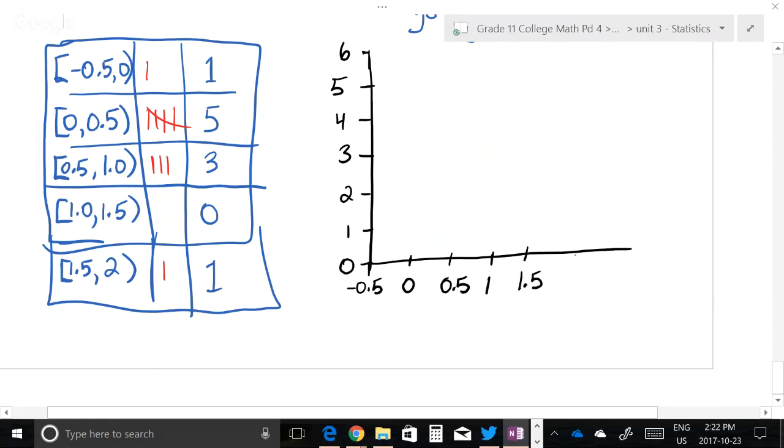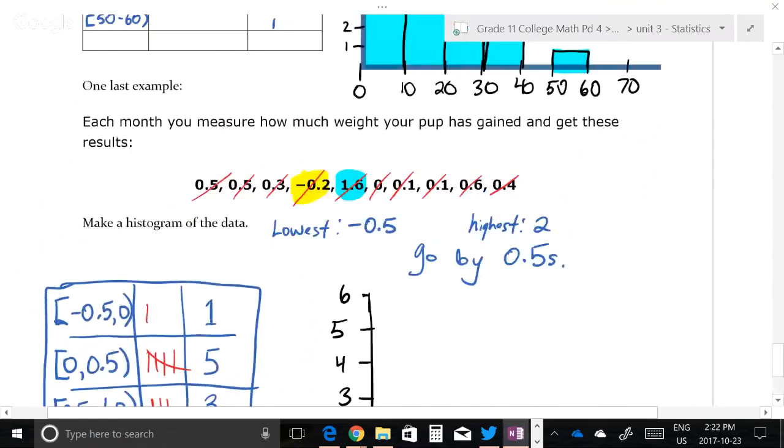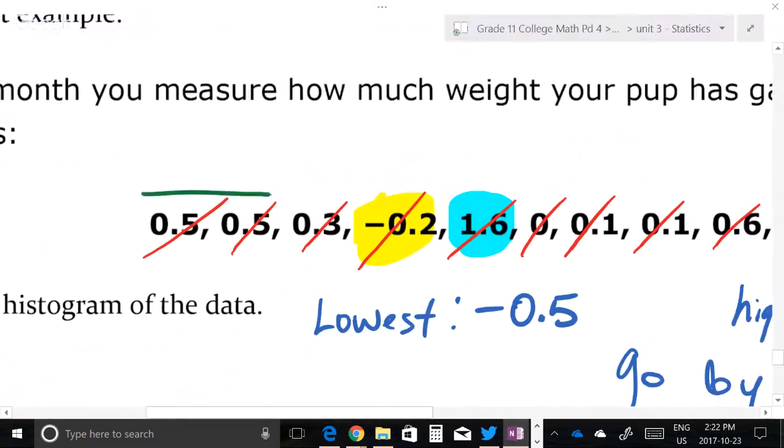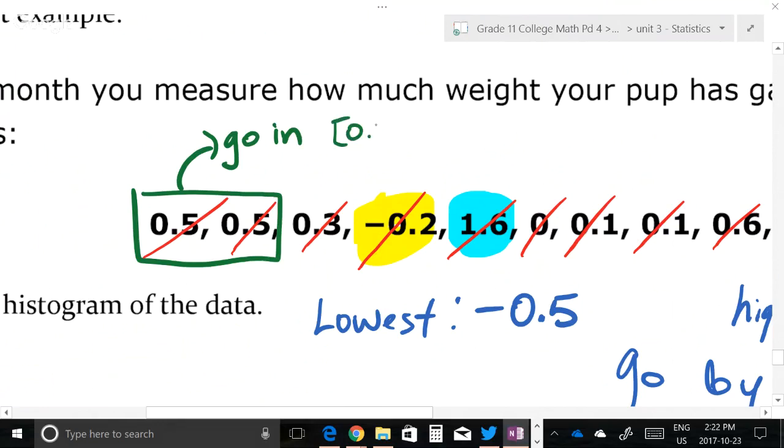He's being quiet. What's so bad about that? He doesn't want you to know. Okay. I want to make a note. Guys, make a note. Which bin did these go in? The one, 0.5 to 1.